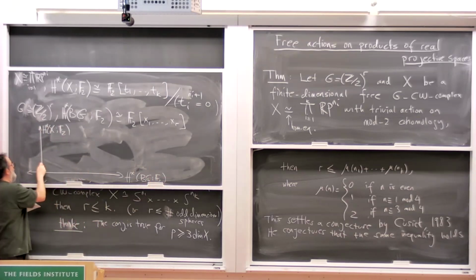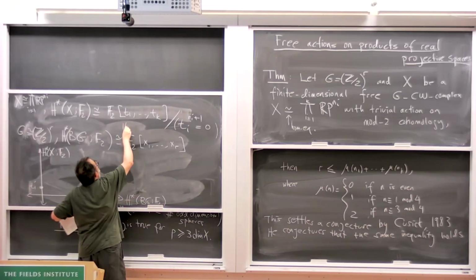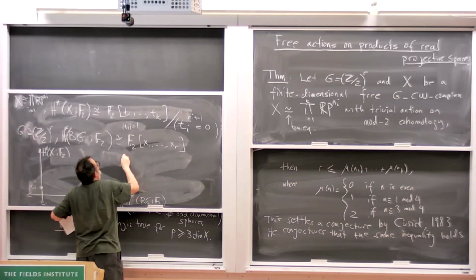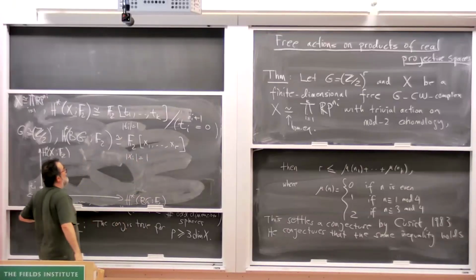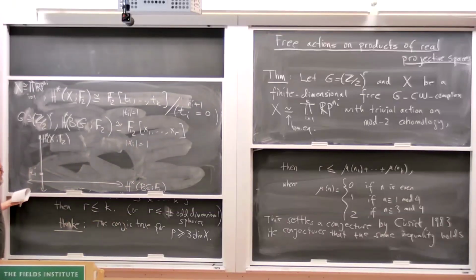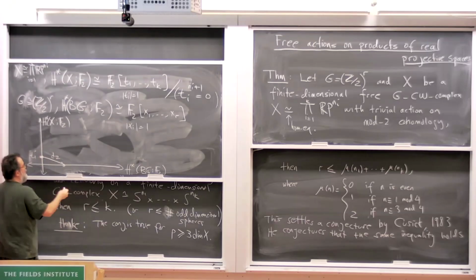And then you have the generators t_i in dimension 1. So these have all dimension 1. So for the first differential d2, it lands in H2.